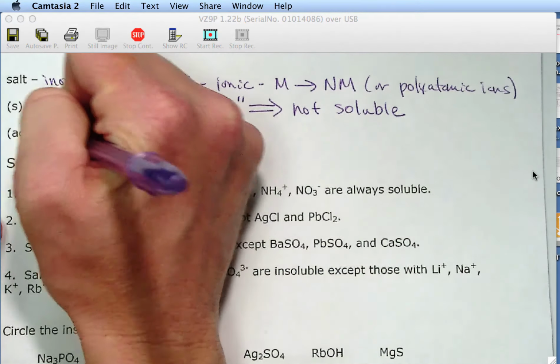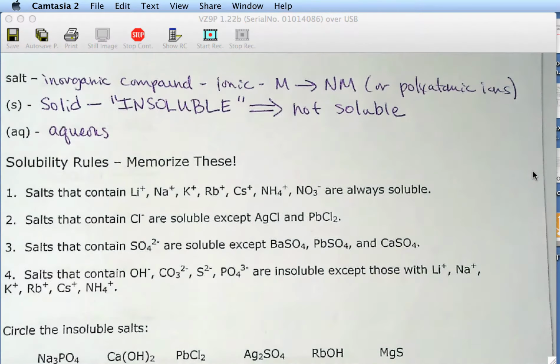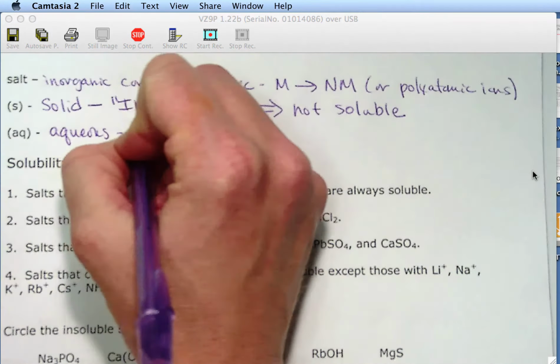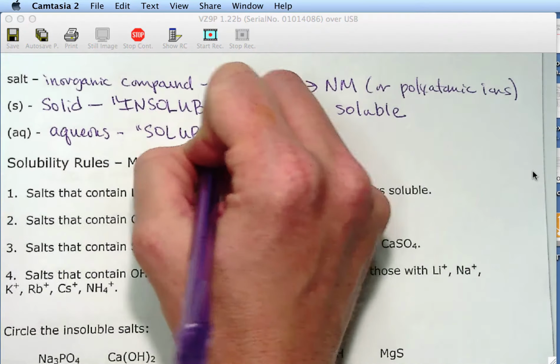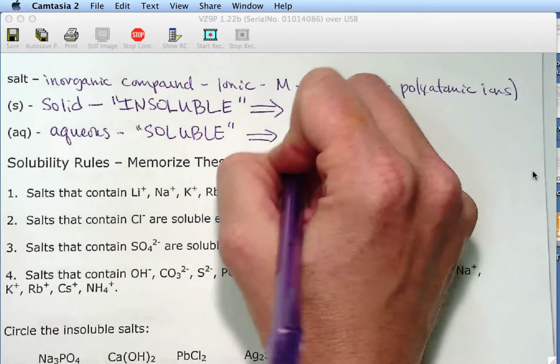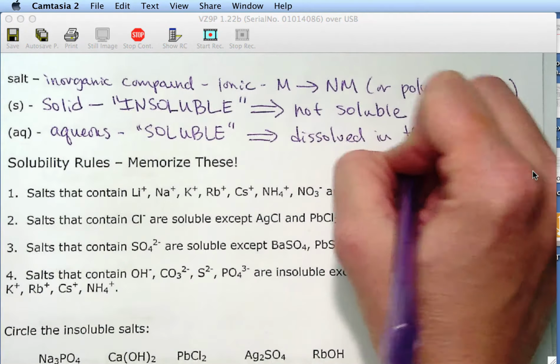So very good. AQ. Aqueous, that means soluble. Okay, it's dissolved in water. So this is soluble.